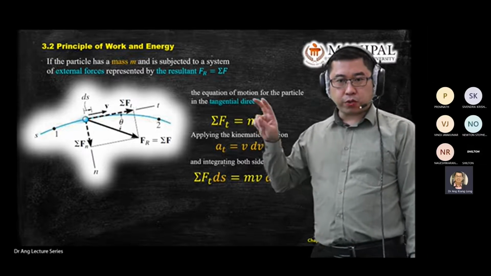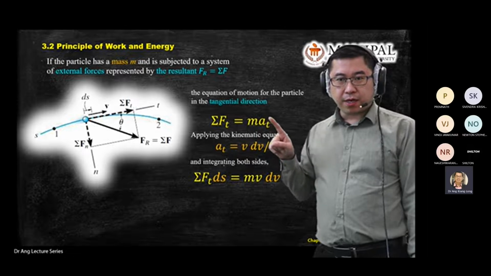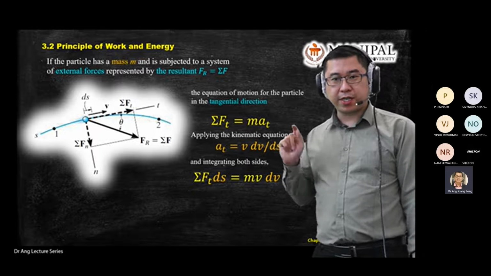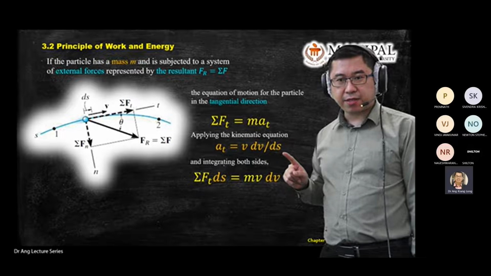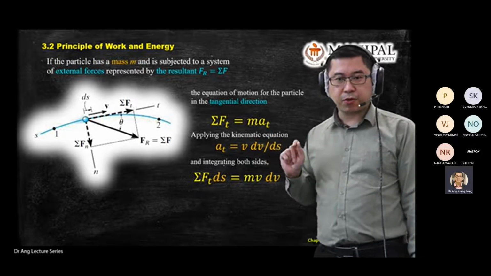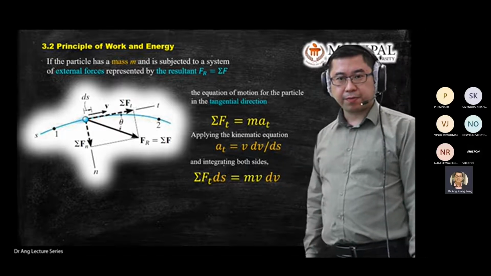Okay, because we want to simplify this equation, we want to take out the at. We don't want to see our calculation in at. You want to see it in terms of velocity and displacement. Okay, we can change this equation in acceleration mode into displacement and velocity.